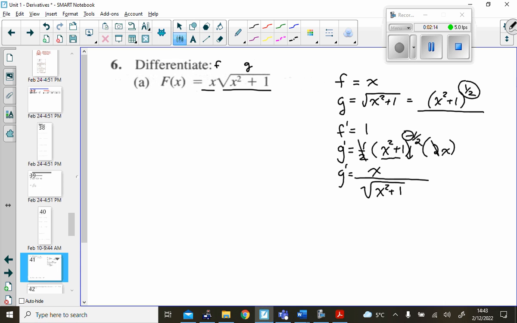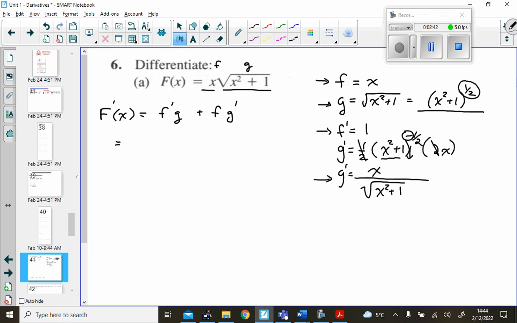So I'm going to use f, g, f prime, and g prime in our product rule formula. So to get the derivative of capital F of x, you do f prime times g plus f times g prime. The derivative of the first times the second, plus the derivative of the second times the first.